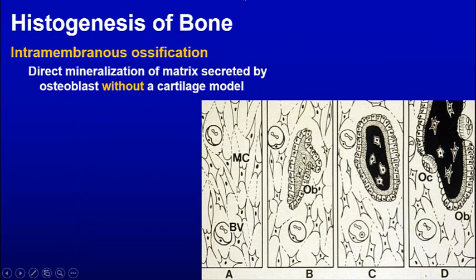So you have mesenchymal cells that give rise directly to osteoblasts. So the osteoblast lays down bone and makes a matrix. The osteoblast gets trapped in this matrix and it becomes an osteocyte, just like before. And then you'll have macrophages all around. The osteoclast will move in to remodel that.